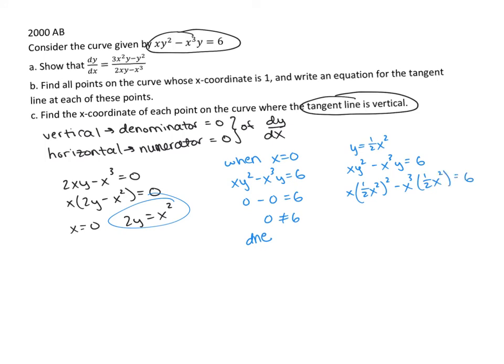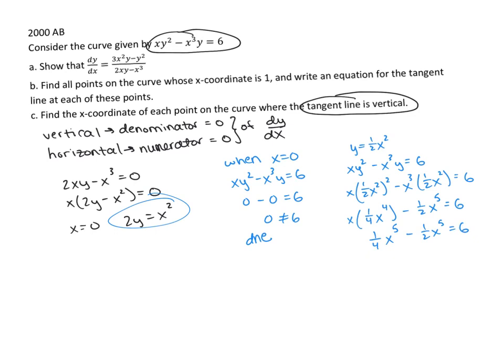A little bit awkward, but that doesn't mean we can't do it. x times 1/4 x to the 4th minus 1/2 x to the 5th equals 6. 1/4 x to the 5th minus 1/2 x to the 5th equals 6.